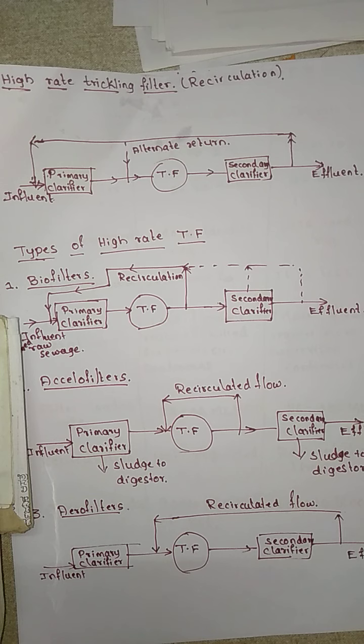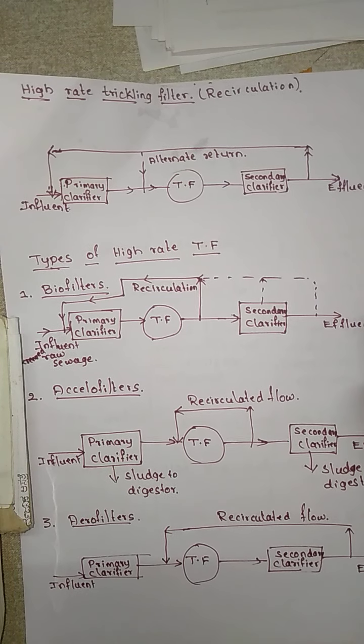The wastewater comes through siphonic action into the nozzles, and the nozzles rotate and distribute the wastewater to the filter media. After percolating through the filter media, it is collected through the under drains, where it removes suspended solids and BOD.